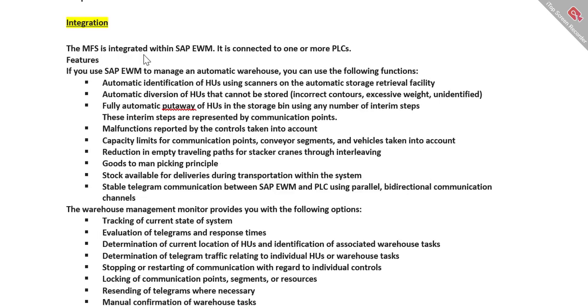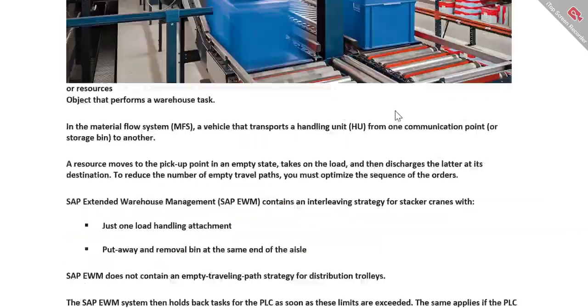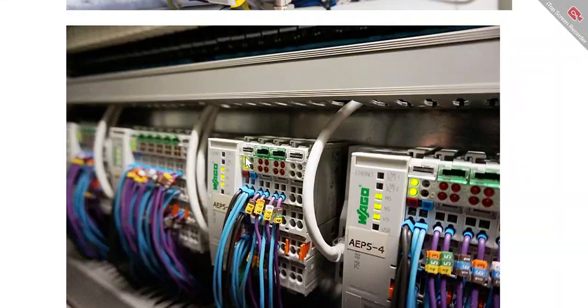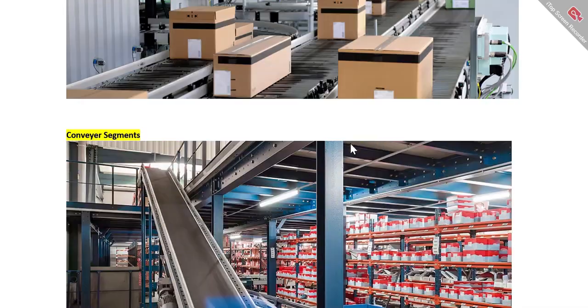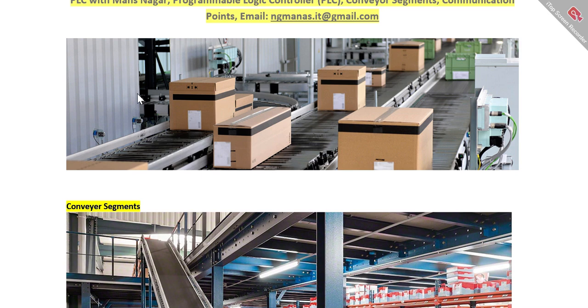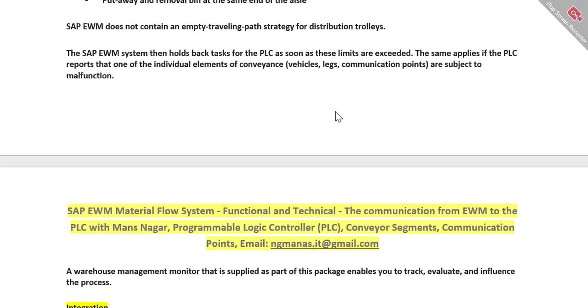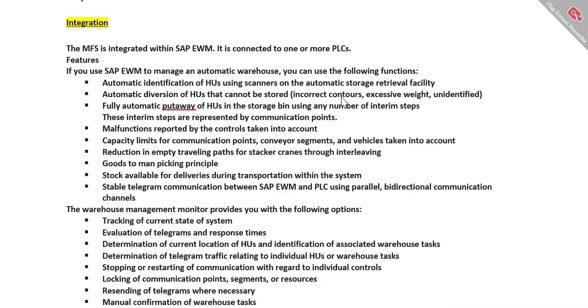The MFS is integrated with SAP EWM. It is connected to one or more PLCs. Here we can see multiple PLCs, depending upon the business, how many sensors or belts you have, for example conveyor segments, conveyor belts you have in the warehouse, depending on that we have the PLC devices.